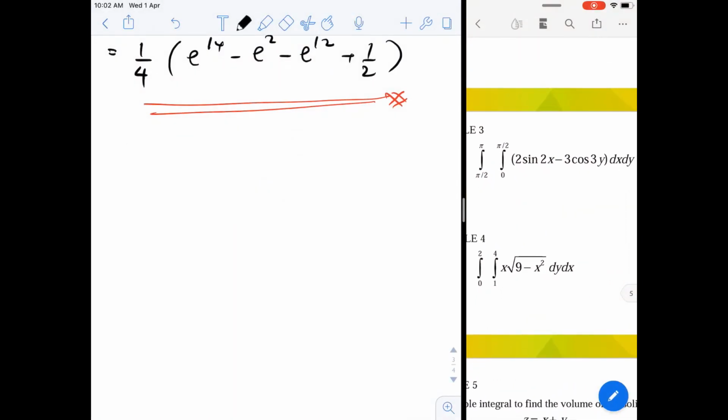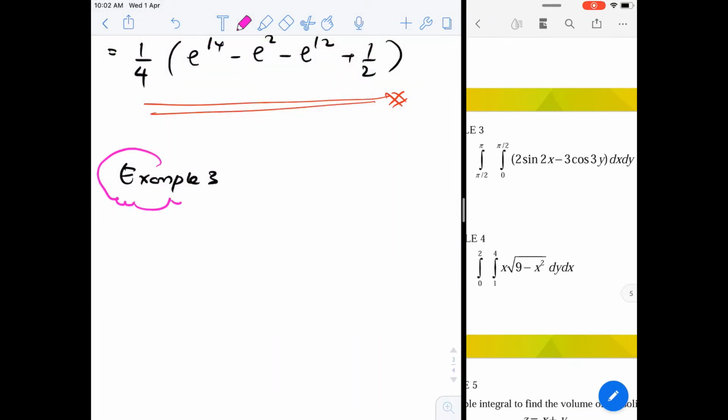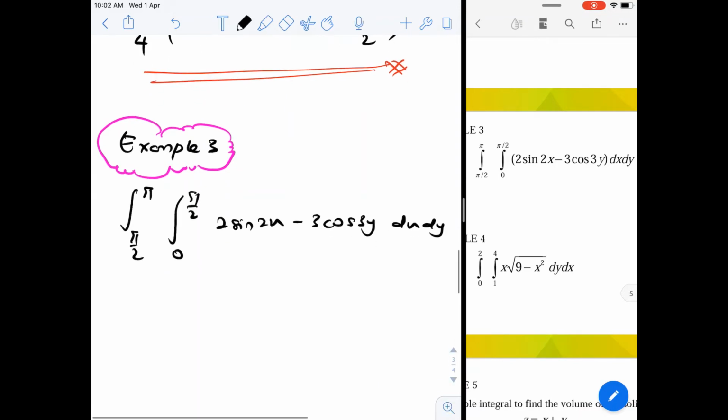Example 3: integration from pi over 2 until pi, and then we have 0 until pi over 2 of 2 sine 2x minus 3 cos 3y dx dy.